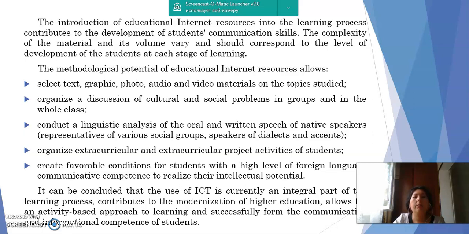It can be concluded that the use of ICT is currently an integral part of the learning process, contributes to the modernization of higher education, allows for an activity-based approach to learning, and successfully forms the communicative and informational competence of students.